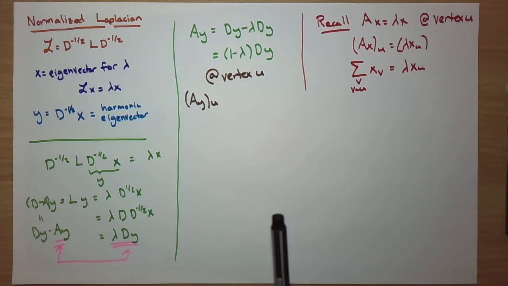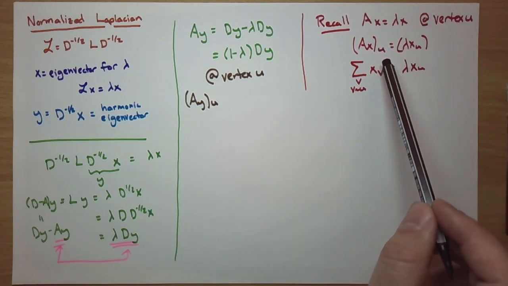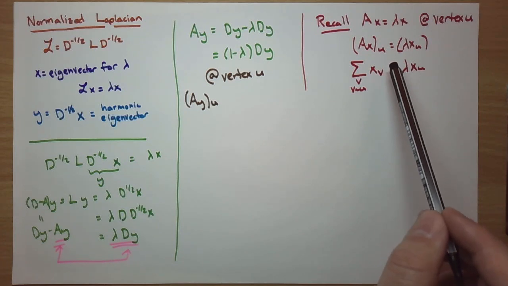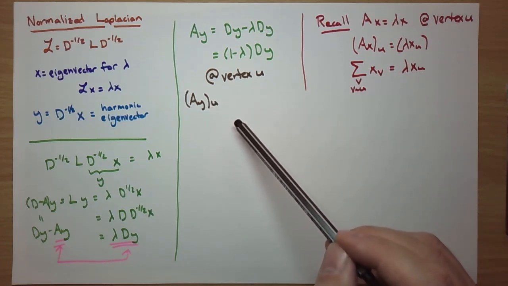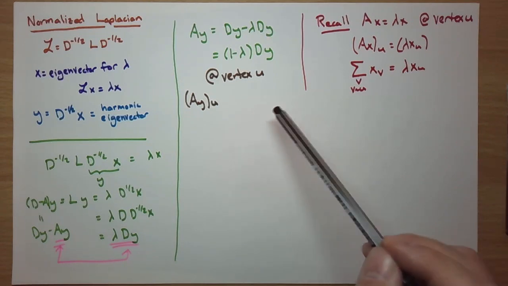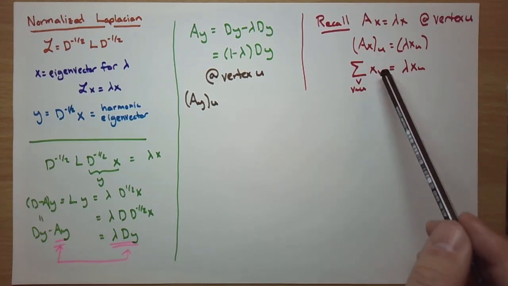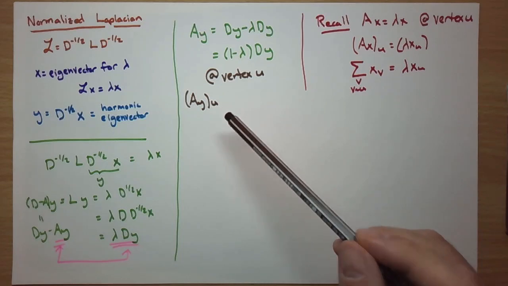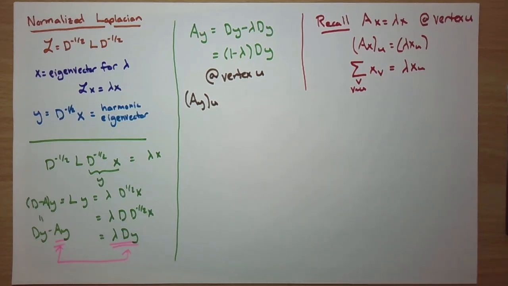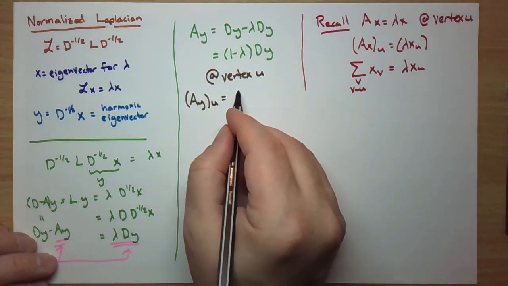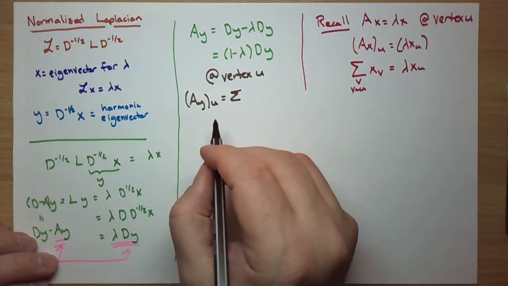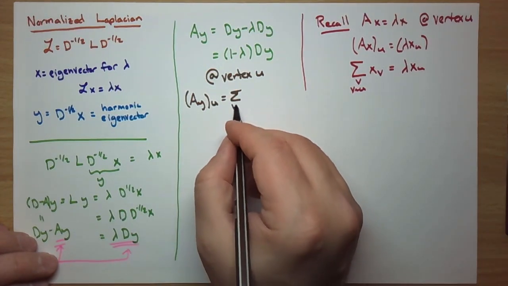We figured out what happens with Ax at vertex u, but what would this Ay at vertex u do? The same thing, yes, except instead of x's we have y's. Again, it says, just add up your neighbors. All right, great, we can do that.